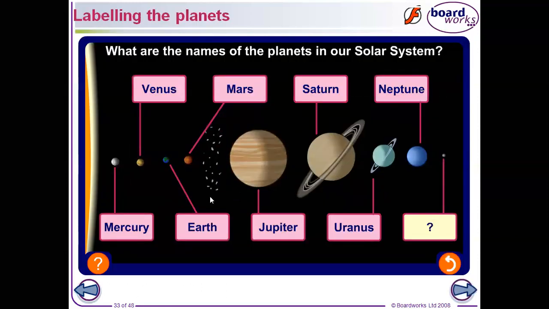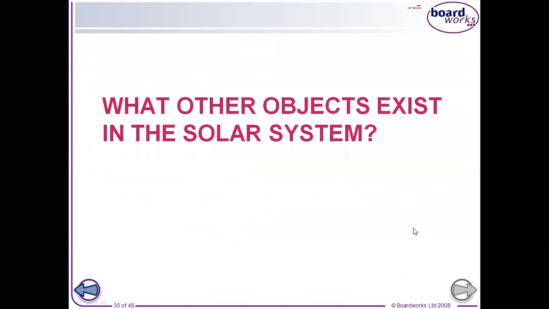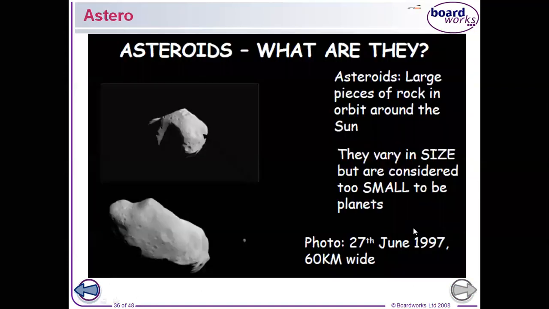This region is called the asteroid belt, between Mars and Jupiter. They vary in size, but are considerably too small to be planets. We have one asteroid that is regarded as a dwarf planet, Ceres. It's in the asteroid belt, but it's big enough to be called a dwarf planet.